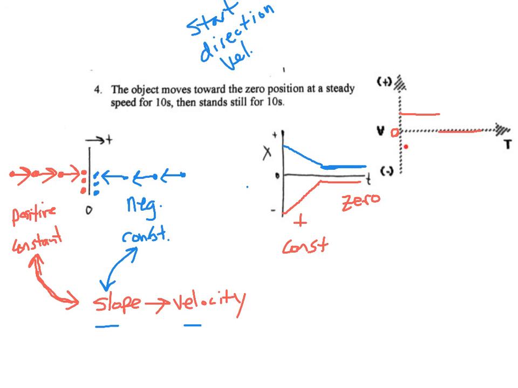Down here. How do you show that it's negative and constant? I hope you're thinking this. So, I draw my blue line starting over here, like that. There.